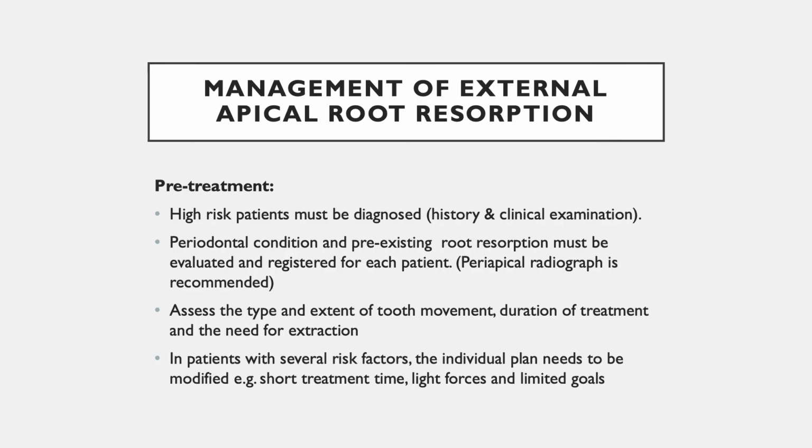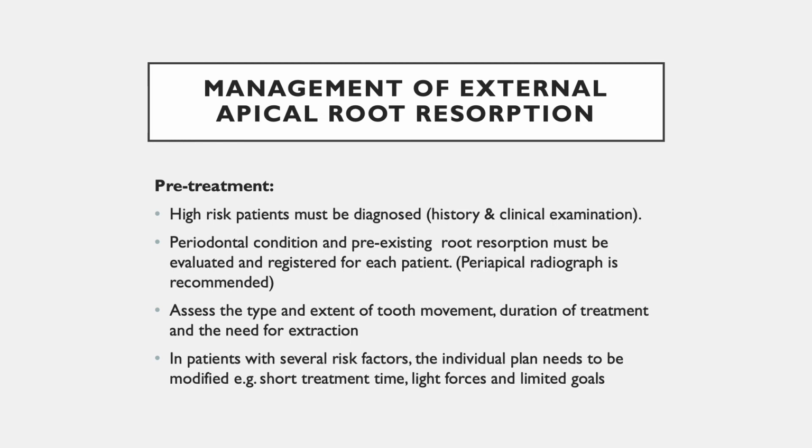Management of external apical root resorption. Pre-treatment, we have to evaluate our patient and rule out all the high-risk patients through history taking. Periodontal condition and pre-existing root resorption must be evaluated and registered for the patient.